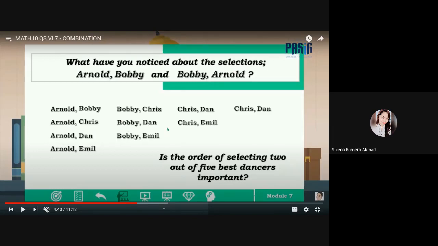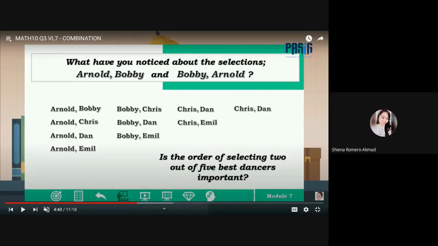So, looking at this, I want you to answer this question. Is the order of selecting 2 out of 5 best dancers important? Importante daw ba yung order in selecting 2 best dancers? Yes or no? No. Pag magsasagot kayo, wag patanong ha.